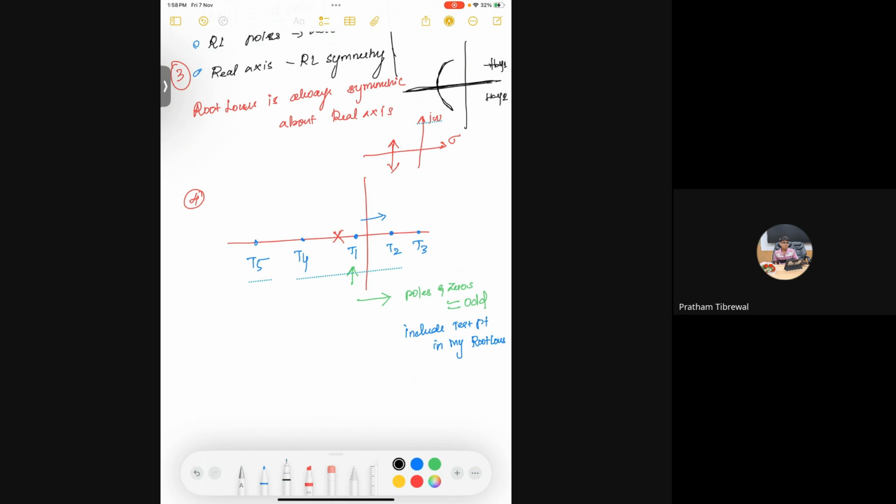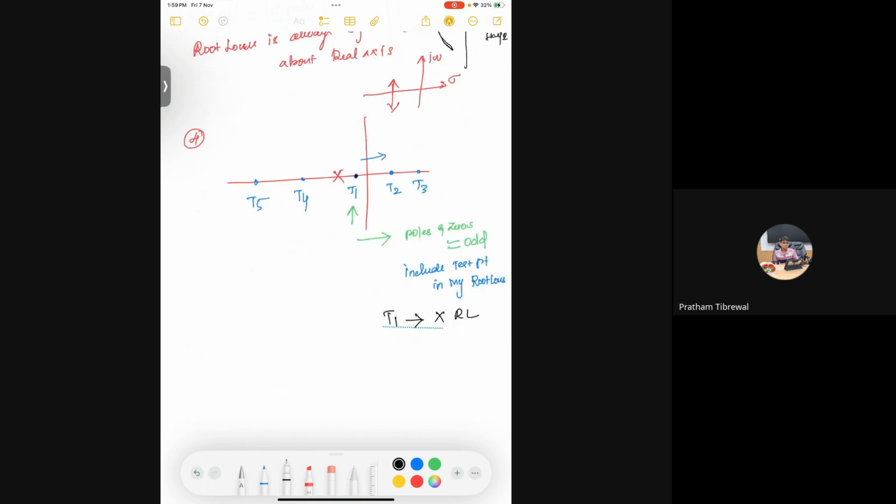No. Are there any poles or zeros lying to the right of this test point, in the entire real axis? I'm asking for T1. No, there are none. So I won't include this T1 in my root locus. T1 won't be there in my root locus.